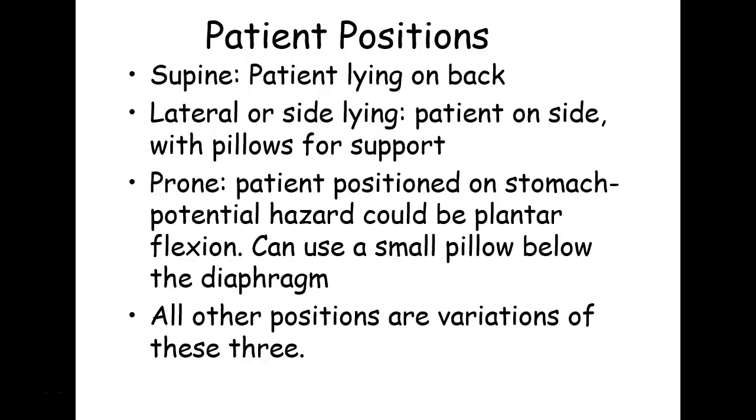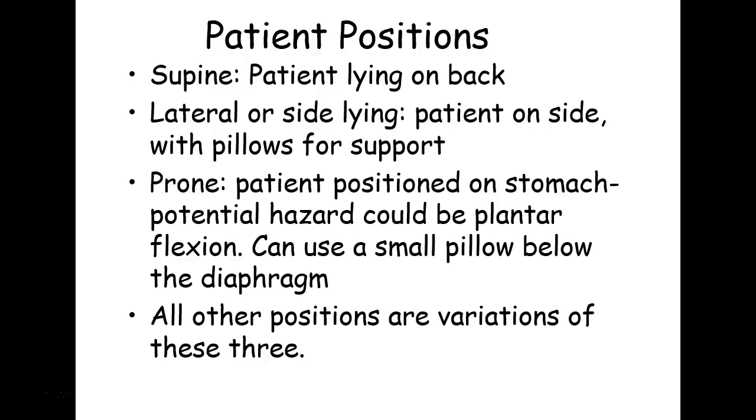Any other position that we put people in is a variation on these positions, and they show you a couple of the position variants on page 263. They show you the dorsal recumbent position, which is often used for catheters.